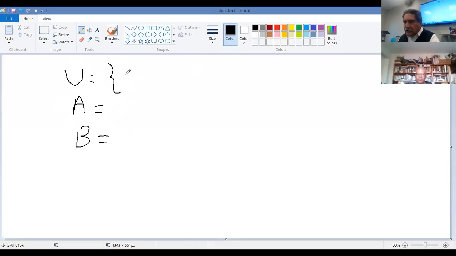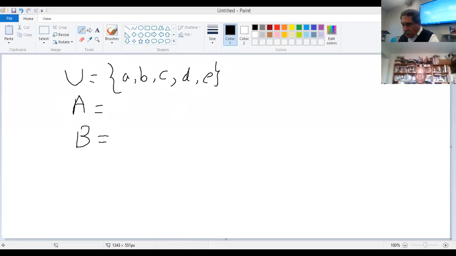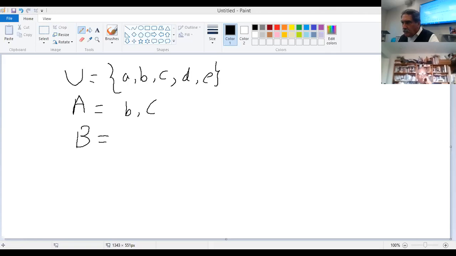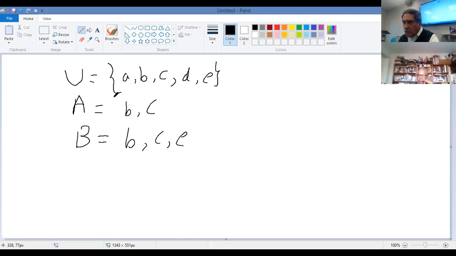Our universal set is A, B, C, D, and E. Our set A was B and C. And set B was B, C. Okay.